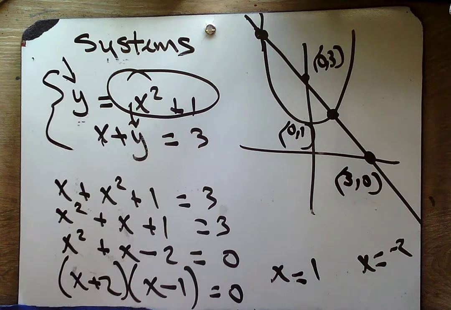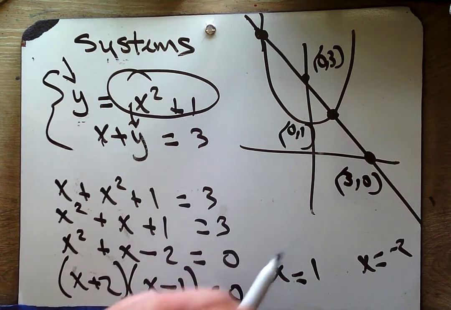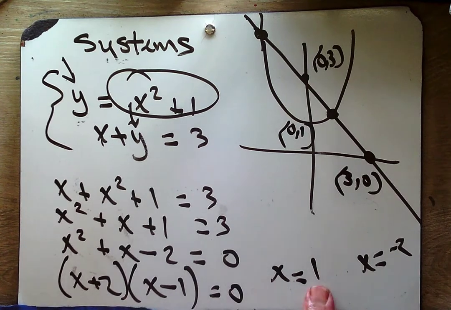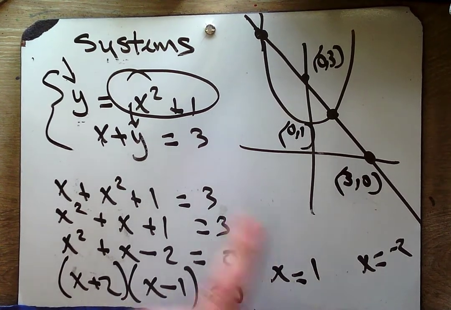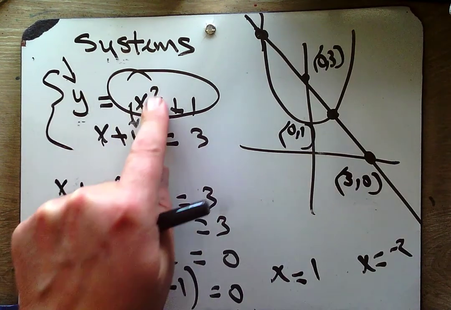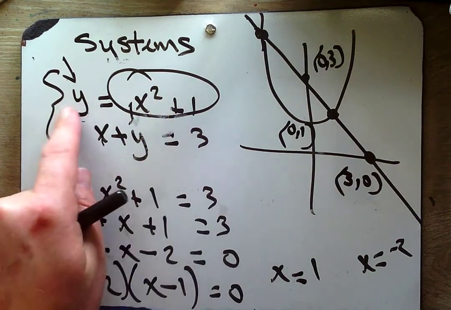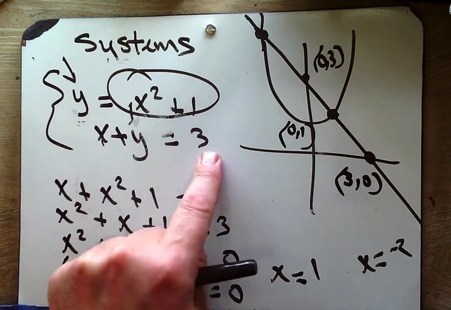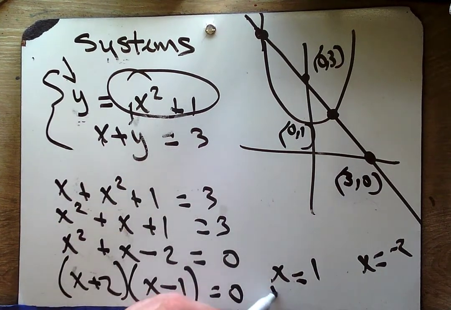Okay, but I'm not done, because the points of intersection have to be ordered pairs. The solution to this system has to be ordered pairs. So I've got half of 2 different ordered pairs right now. If I take that 1 and plug it in for x, 1 squared plus 1 is 2, so y equals 2. Likewise, if I plugged my 1 into the other equation and subtracted 1 from both sides, I'd still get y equals 2.